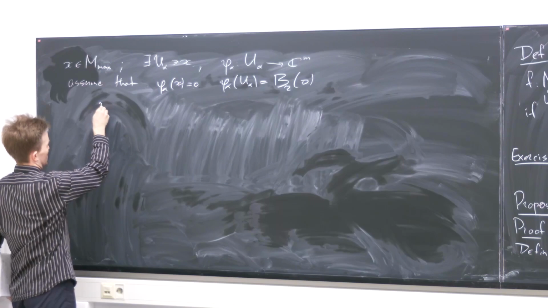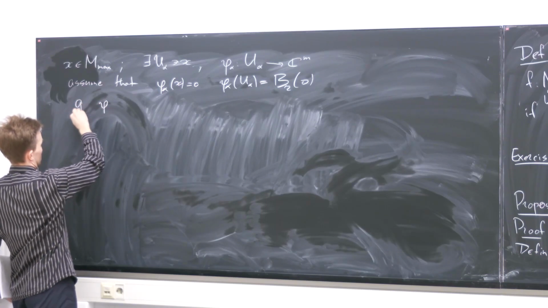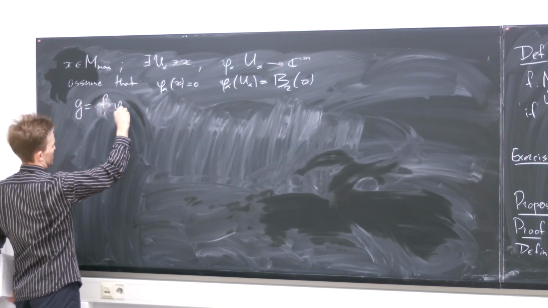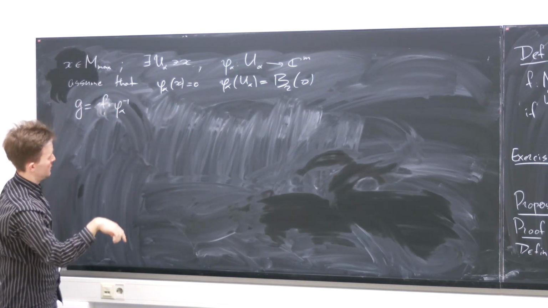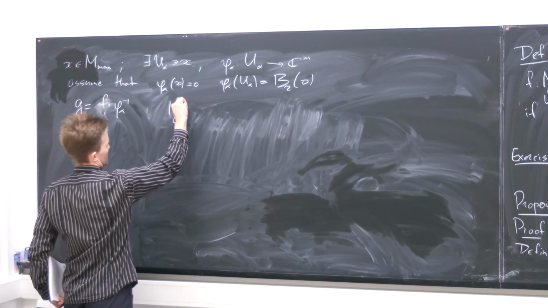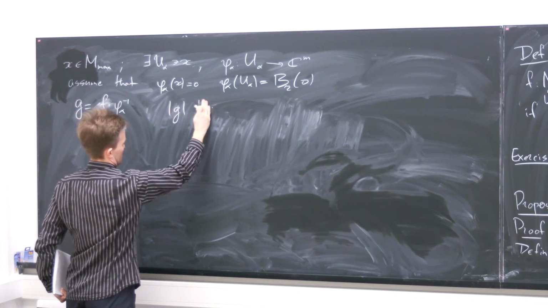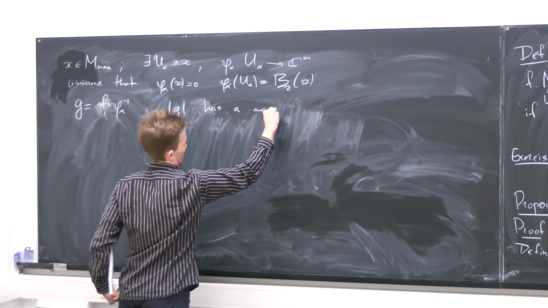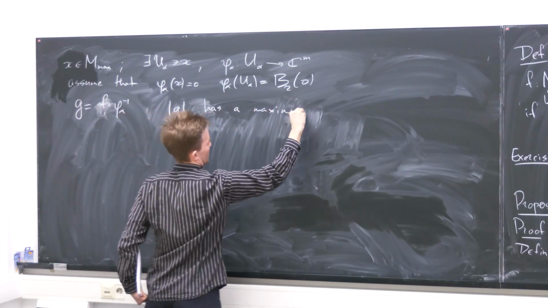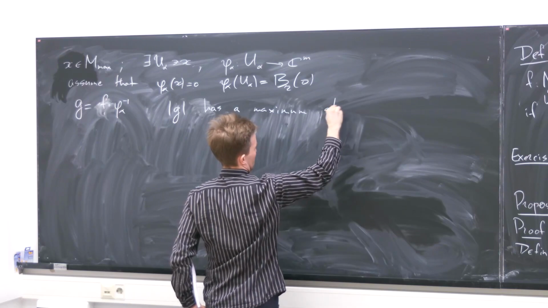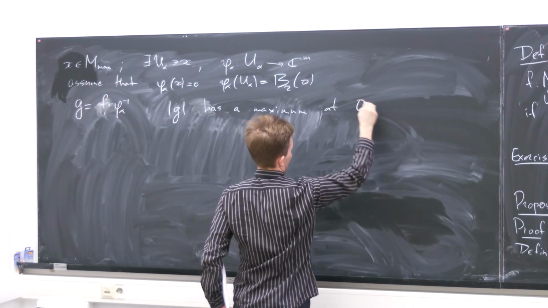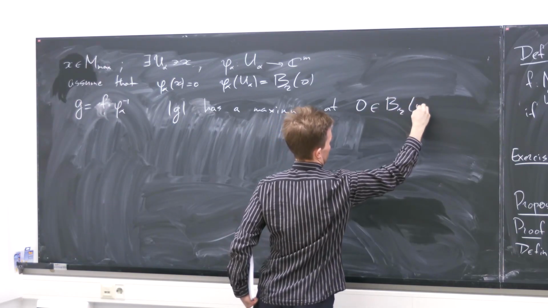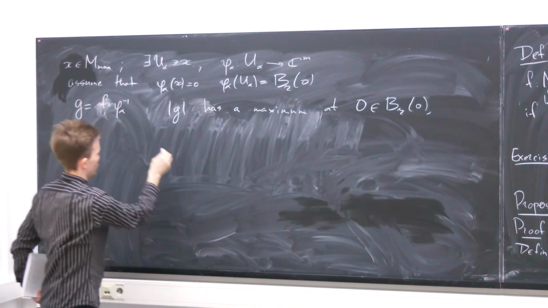And then we look at the function, let's denote it by g, which is f composed with phi alpha inverse, and this g has a maximum at 0, right, in this open ball, and g is holomorphic.